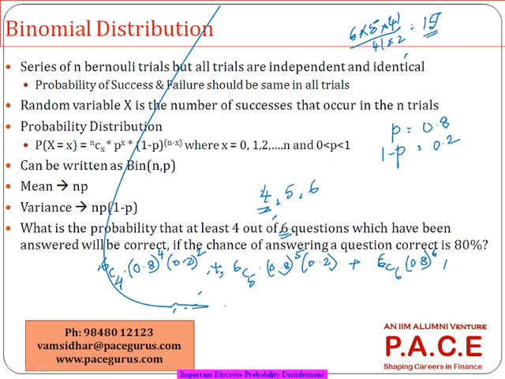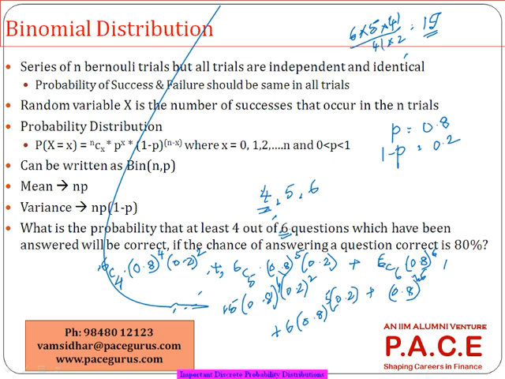So 15 into 0.8 to the power 4 into 0.2 squared, plus 6C5 is 6 into 0.8 to the power 5 into 0.2, plus 6C6 is 1, 0.8 to the power 6. You can simplify this expression, which will give you the chance that at least 4 questions will be right. So this is how we simplify the binomial distribution kind of question.